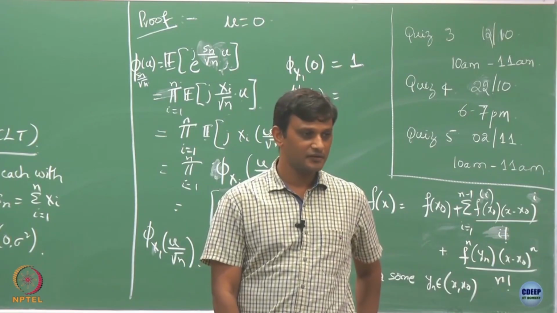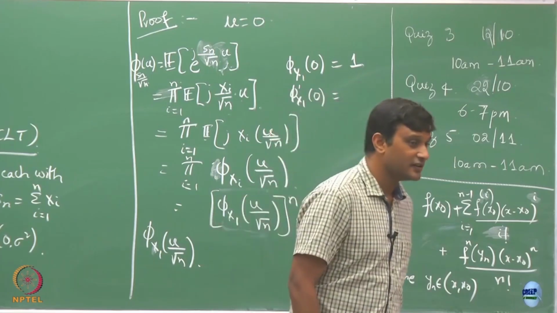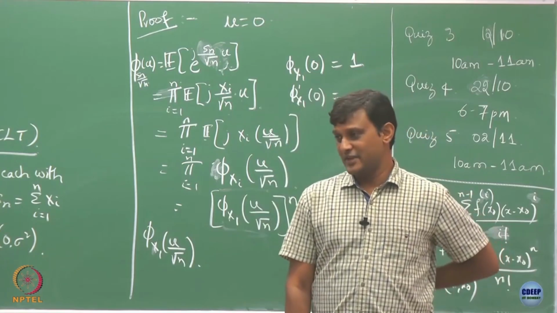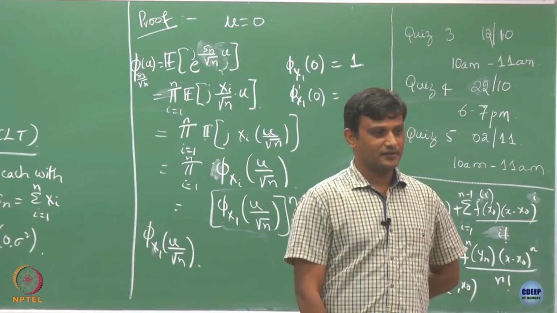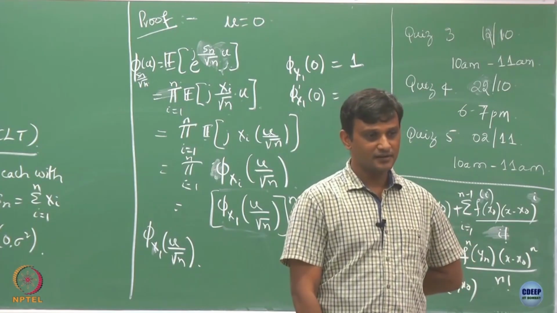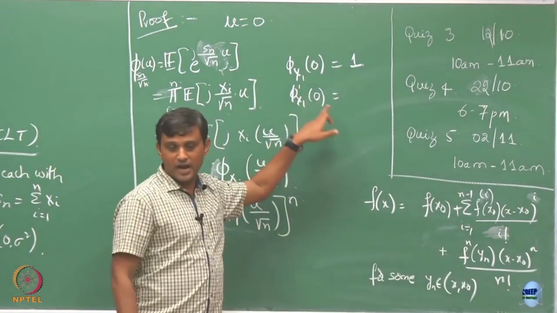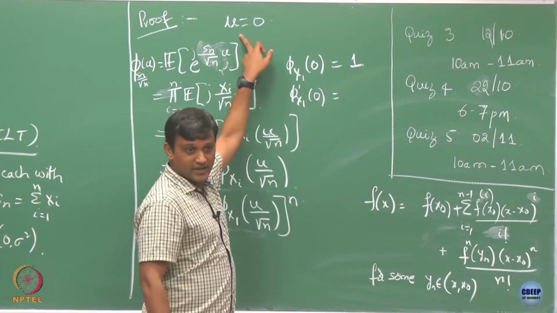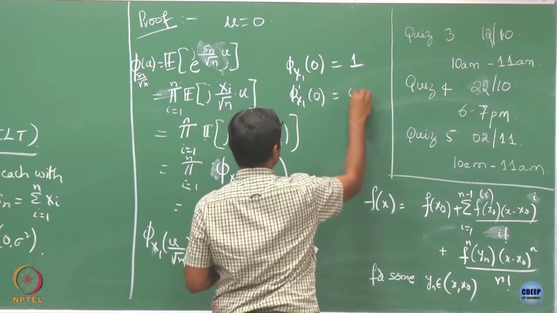I am asking how you are going to derive the mean of a random variable if you know its characteristic function. You take the first derivative at 0, right? So what exactly am I doing? I took the first derivative and put 0, and that should be mu, and that I have assumed to be 0 here.